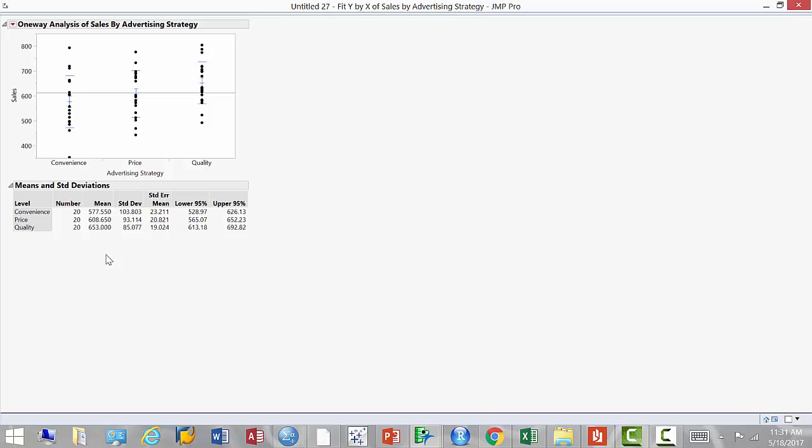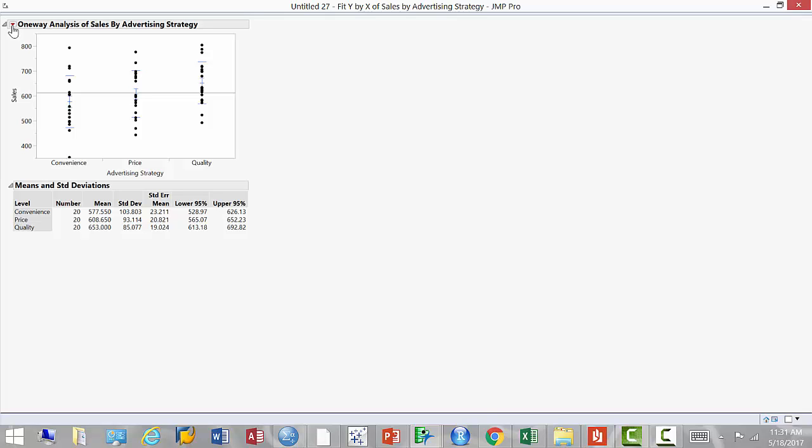But if there is a significant portion that overlaps, then you can probably say that since there is a significant overlap, it's probably not a statistically different thing, right? From this analysis that you see right now in front of you, we cannot say a whole lot. So we need to actually run the test, and from the test we'll see if we can gain more insight graphically.